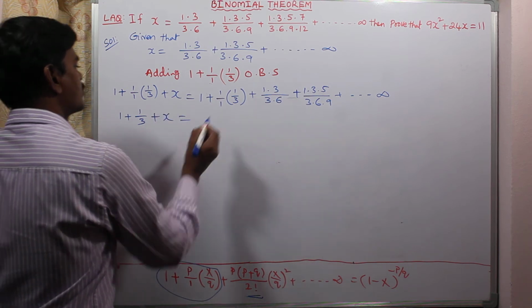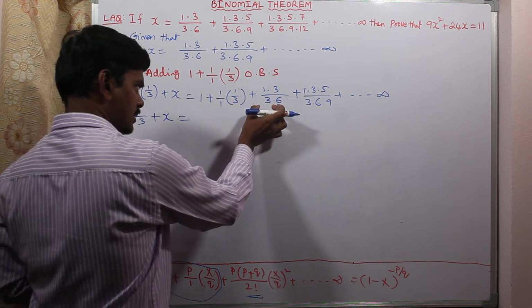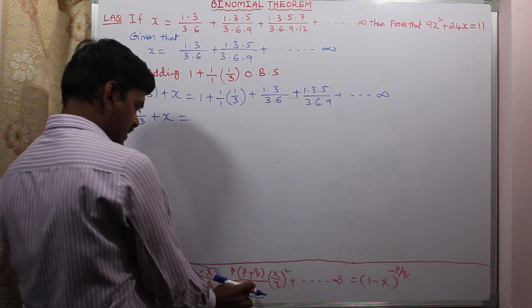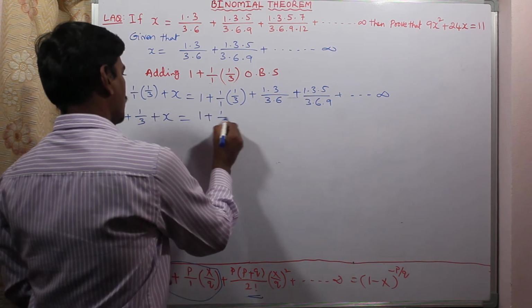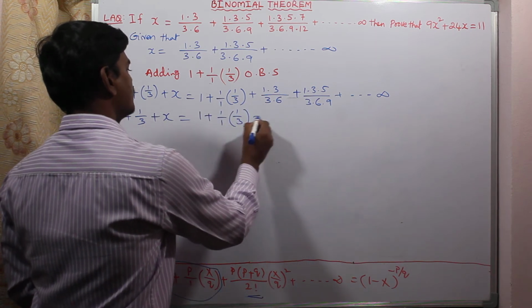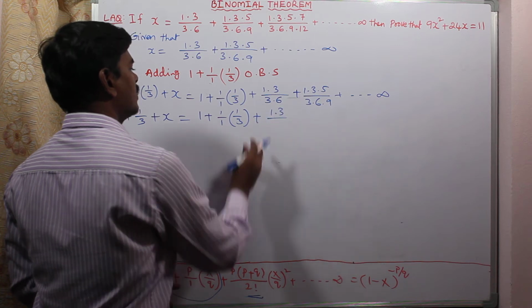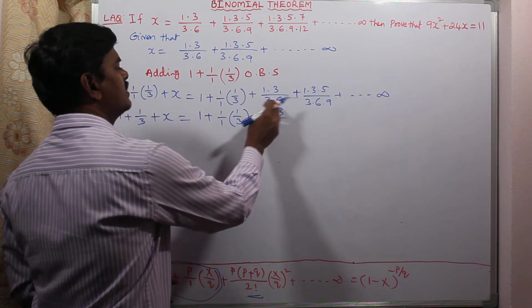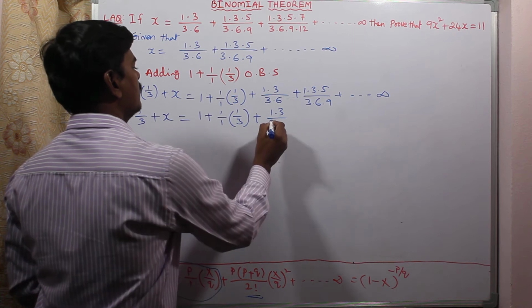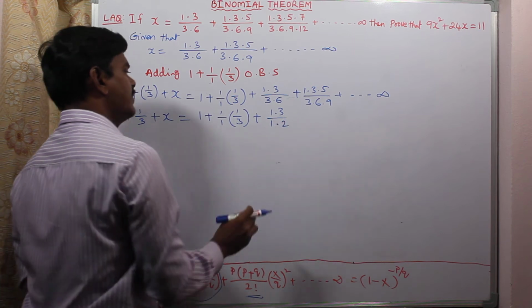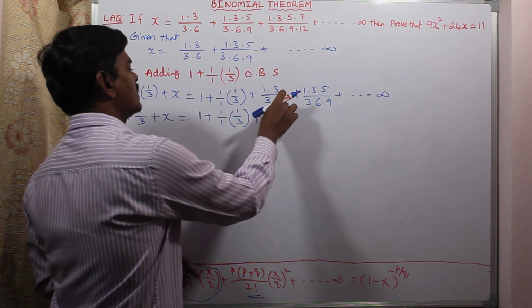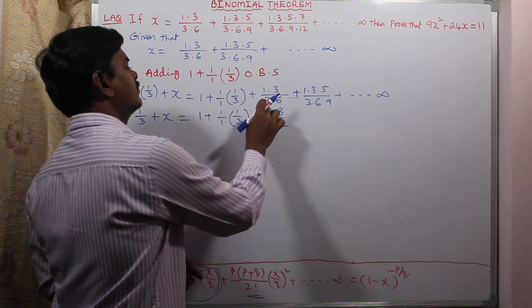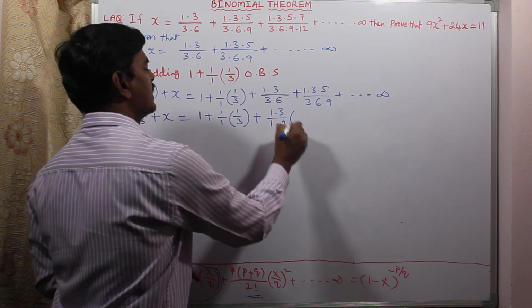We have the formula, so we should think about RHS only. Plus x equals, now convert this infinite series exactly into the form of this formula. 1 plus 1 by 1 into 1 by 3 plus 1 into 3 by, we want to keep 3 aside from each term of the denominator. After keeping 3 aside from 3 into 6, 6 is nothing but 3 into 2, so we kept 3 into 3, 3 square aside.